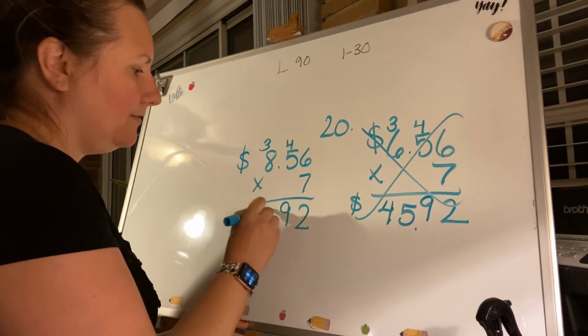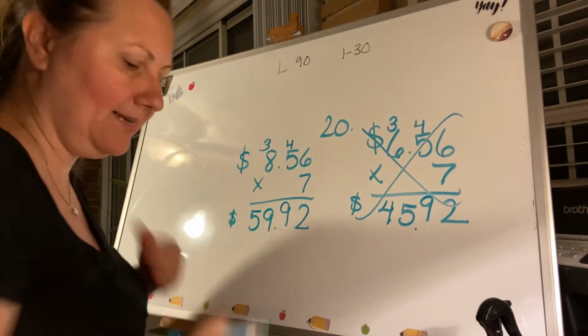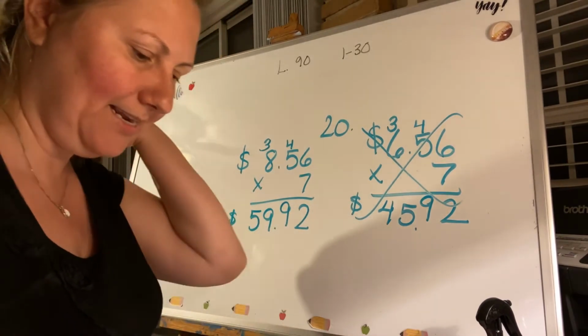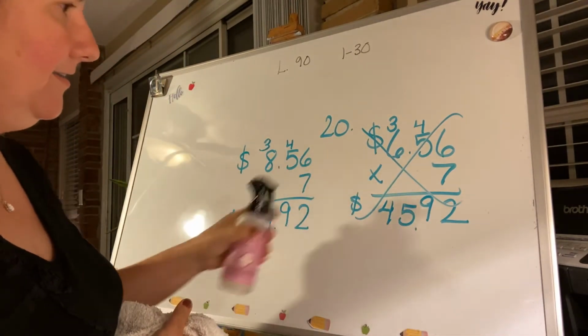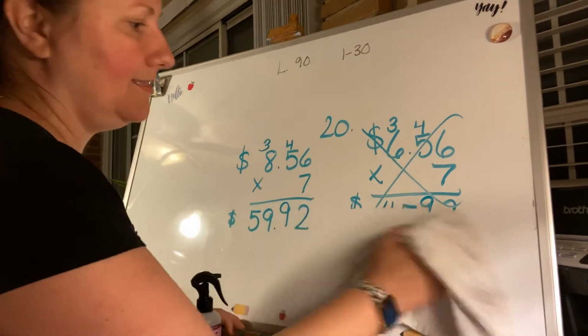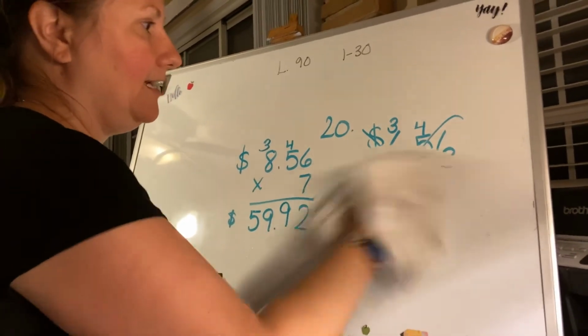And 3 more is 59. So our correct answer is $59.92.